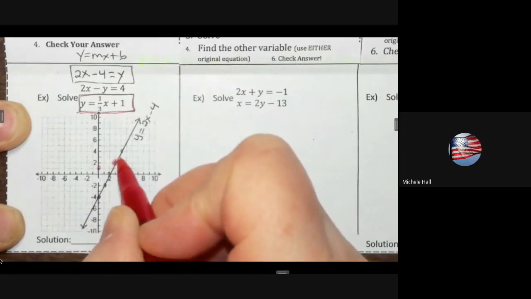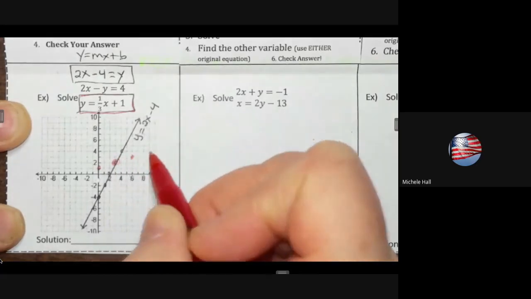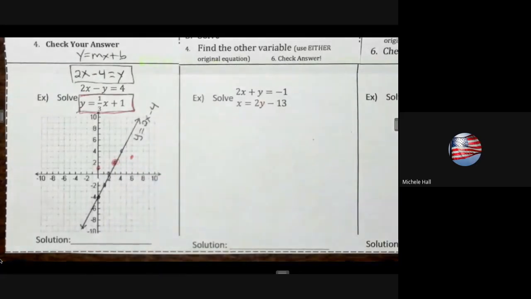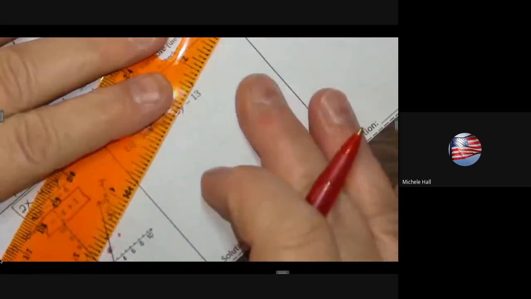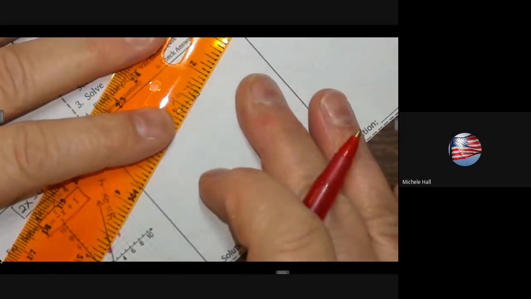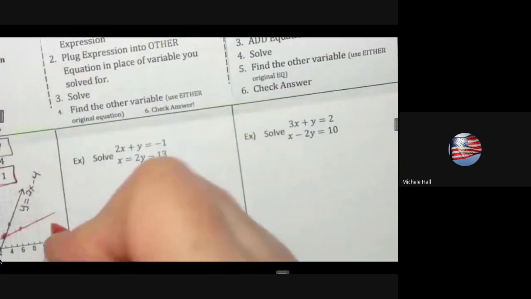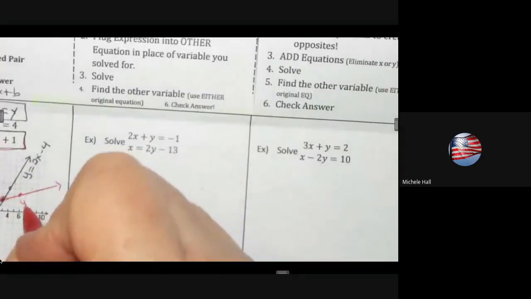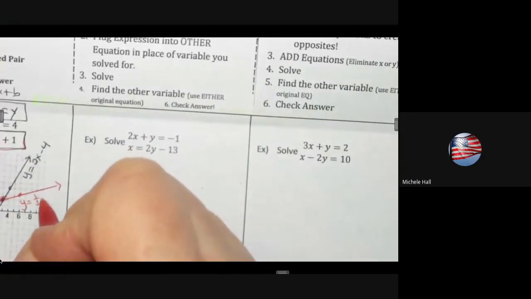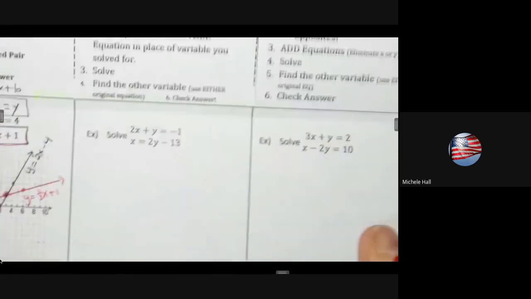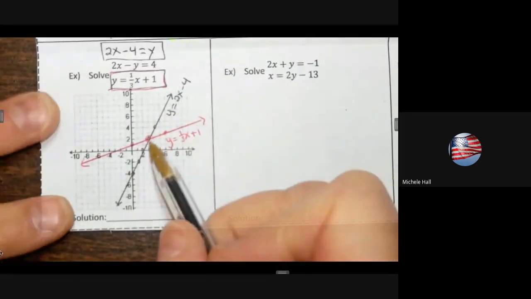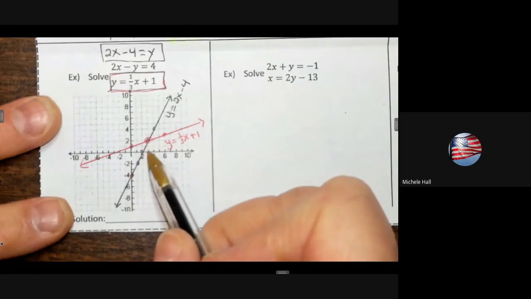Rise 1 and run 3. The point of intersection is 3, 2.